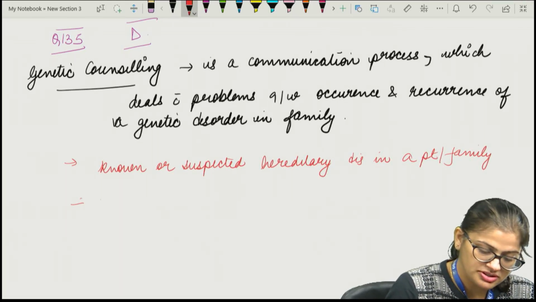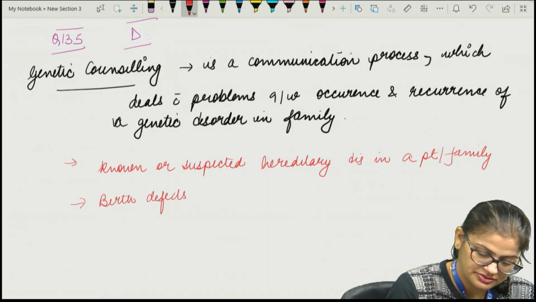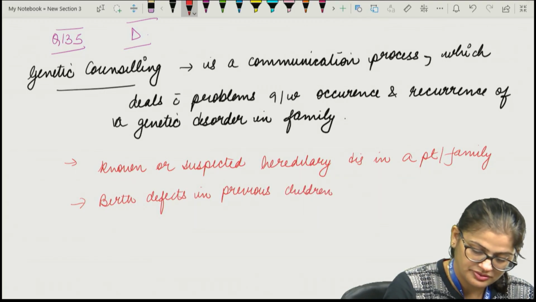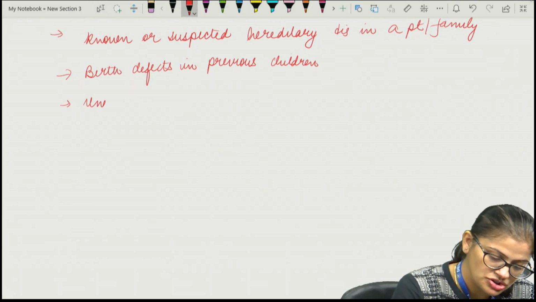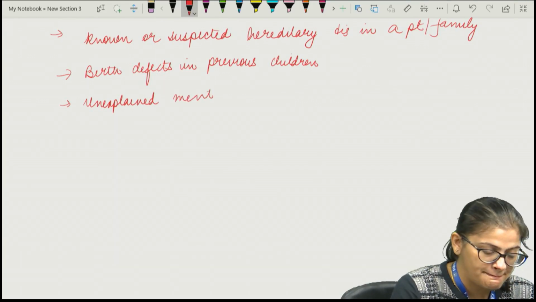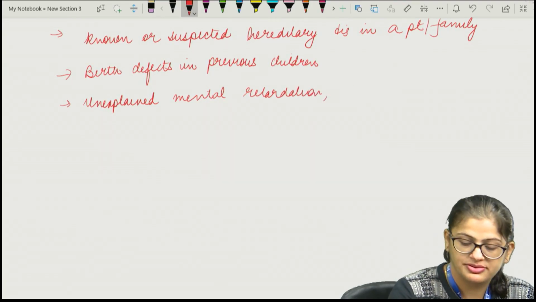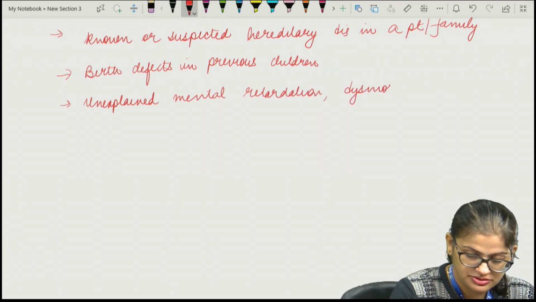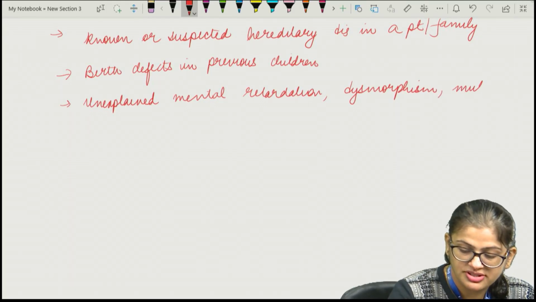If there have been birth defects in previous children. If there is unexplained mental retardation, dysmorphism, or multiple malformations in a child.